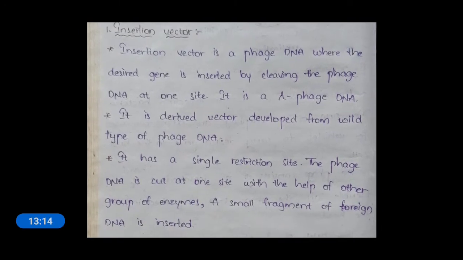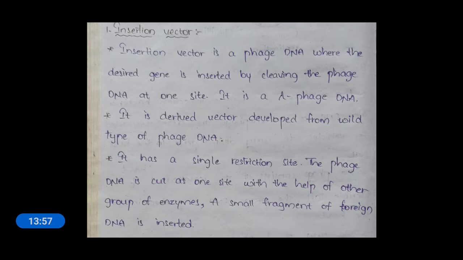Coming to the insertion vector, we will insert a gene of interest, or desired gene, into the lambda phage DNA. And here, the replacement vector will replace a fragment of the phage DNA molecule.